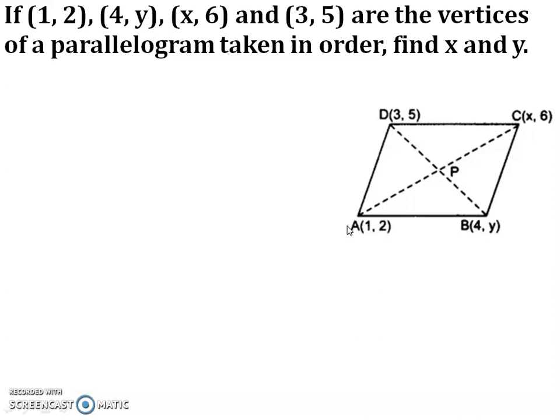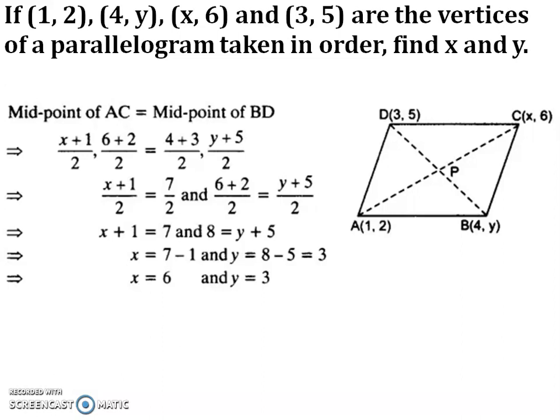So, what is the formula you are using here? The diagonals of a parallelogram bisect each other. So, midpoint of AC is equal to midpoint of BD. As you can see the word midpoint here, you will be using midpoint formula.